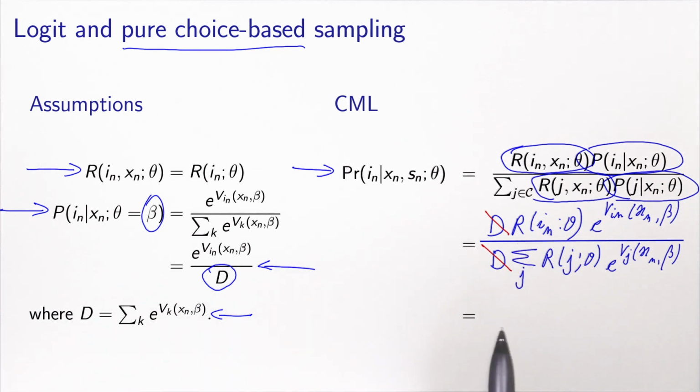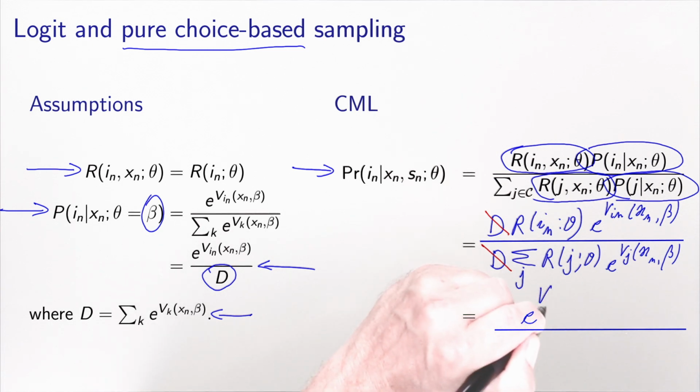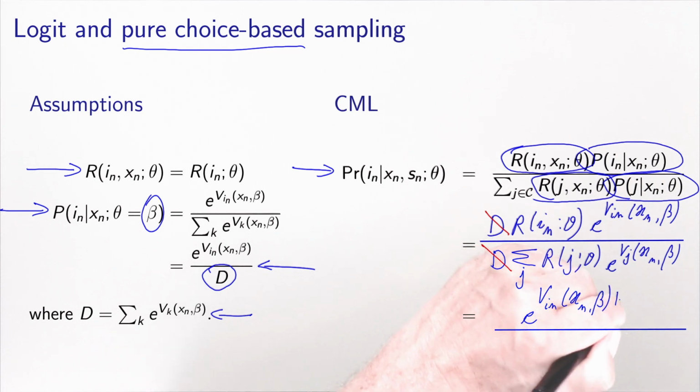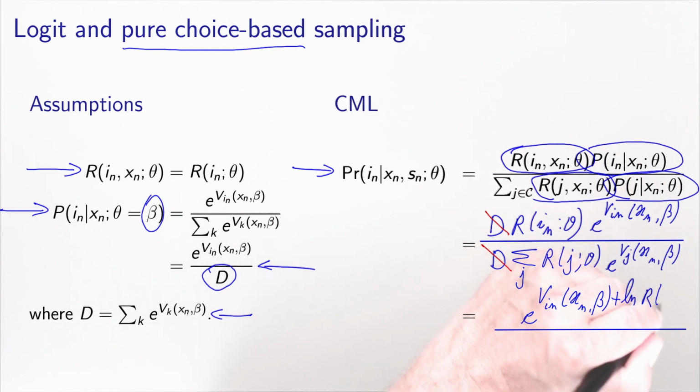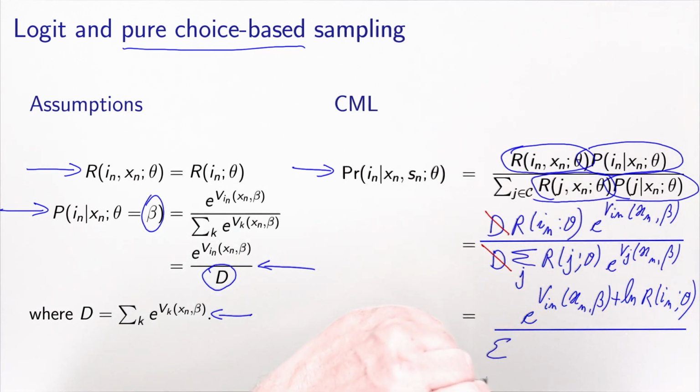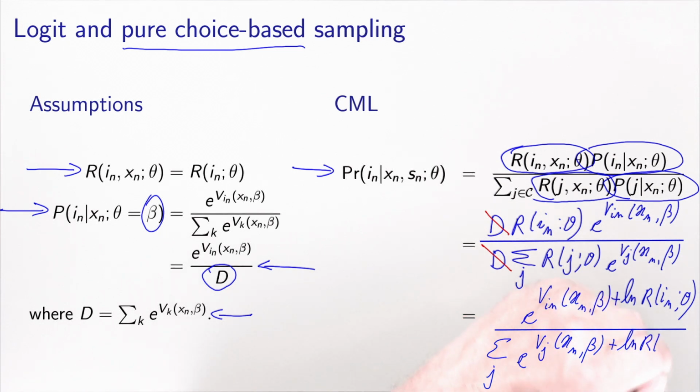I will therefore obtain the following formulation: e to the V_in of x_n beta plus log of r_in theta, divided by the sum over j of e to the V_j of x_n beta plus log of r_j theta. And this is interesting because this formulation looks like a logit model.